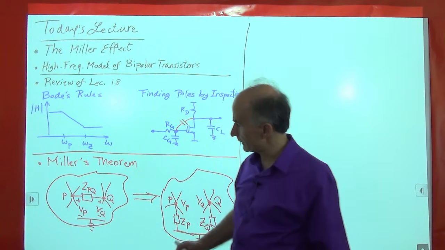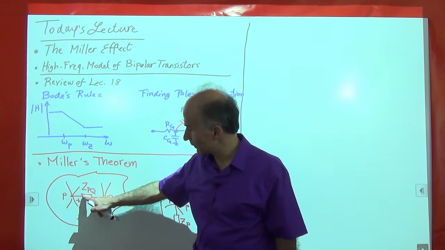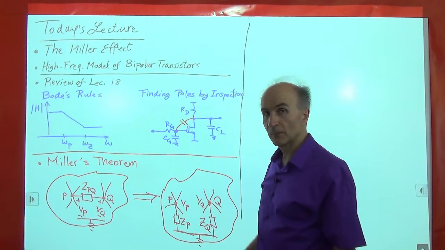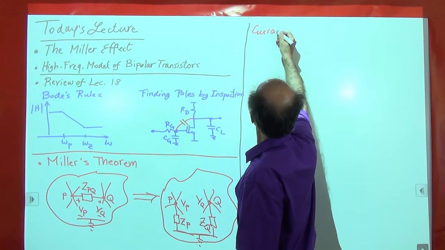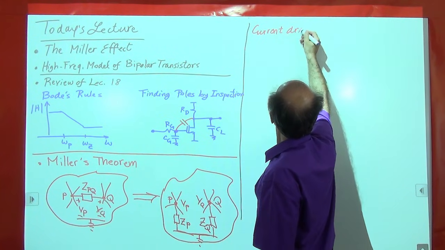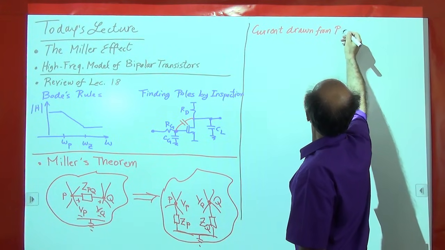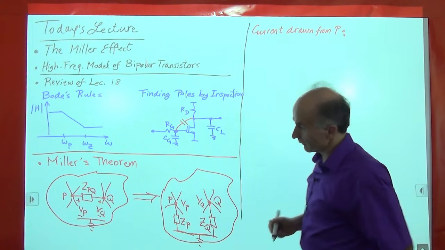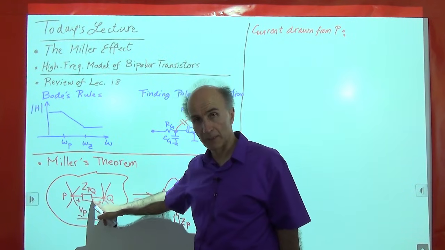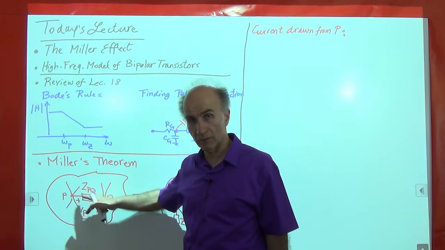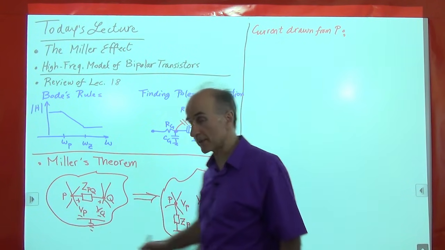I will try to do this. I say that how much current is this impedance drawing out of node P? Okay, so current drawn from P. Well, it's simple, right? You have VP minus VQ divided by the impedance, right? That's the definition of impedance. Voltage divided by current, or current is equal to voltage divided by impedance.